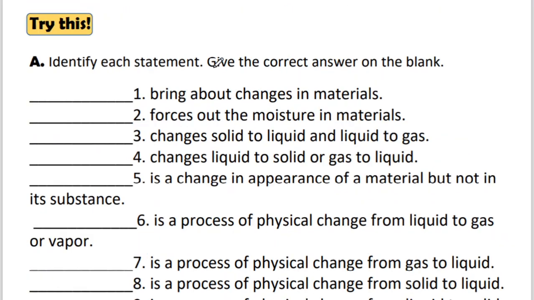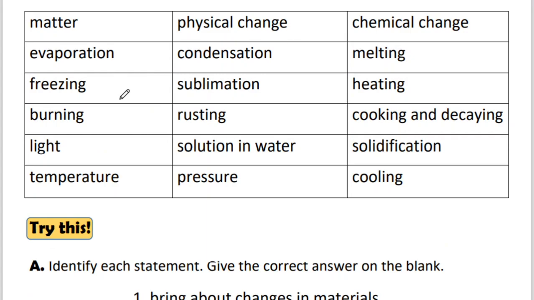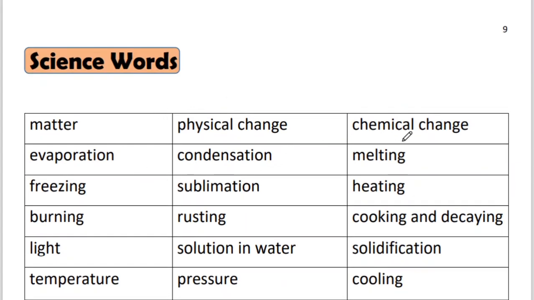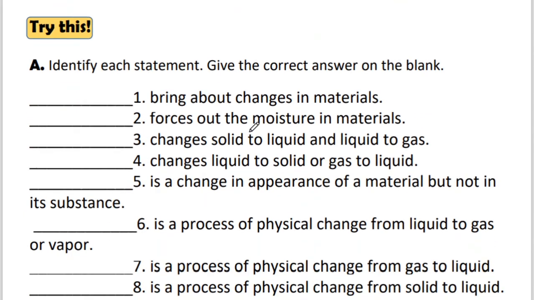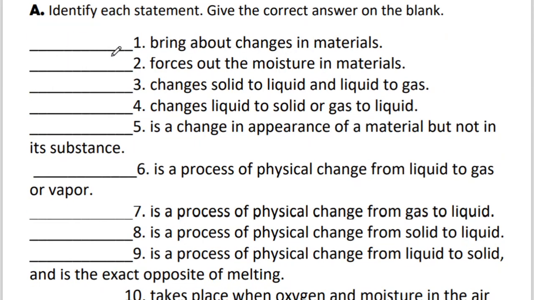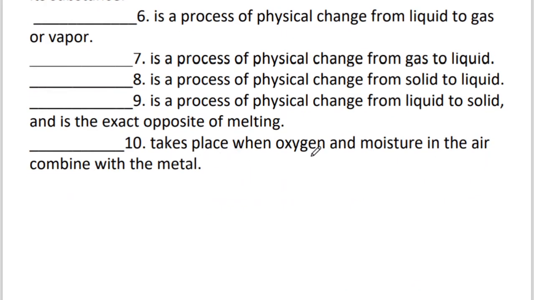Just understand our question. For example, bring about changes in materials. What do you think is the correct answer? You may also find it here. So you have to answer 1 up to 10. Write your correct answer on the space provided.